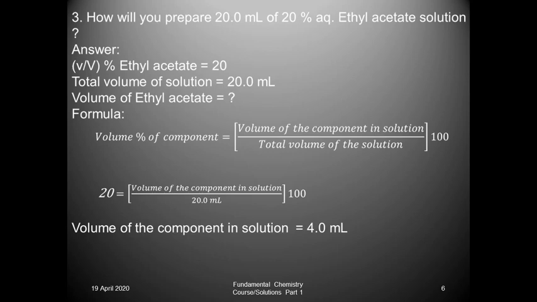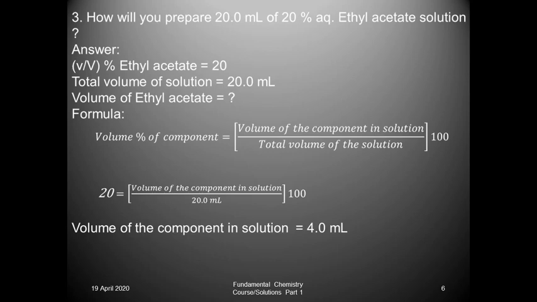So you must be able to do these things on your own. How should I prepare 5 ml of 5% ethyl acetate, how much ethyl acetate should I weigh, and how much water or other solvent must I add to get the required concentration of ethyl acetate? So I have included this point in this topic.